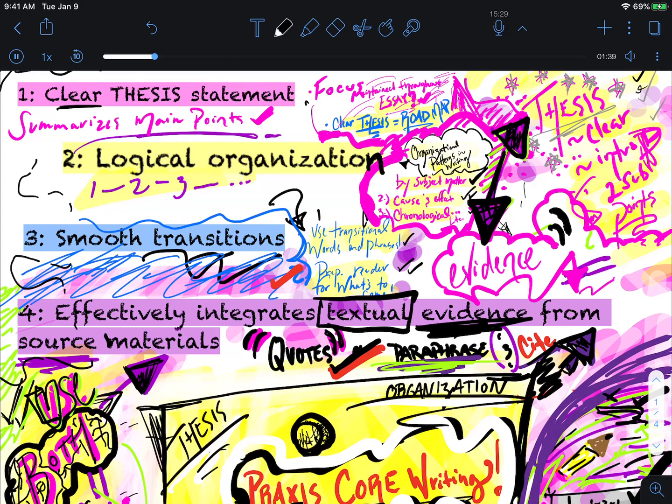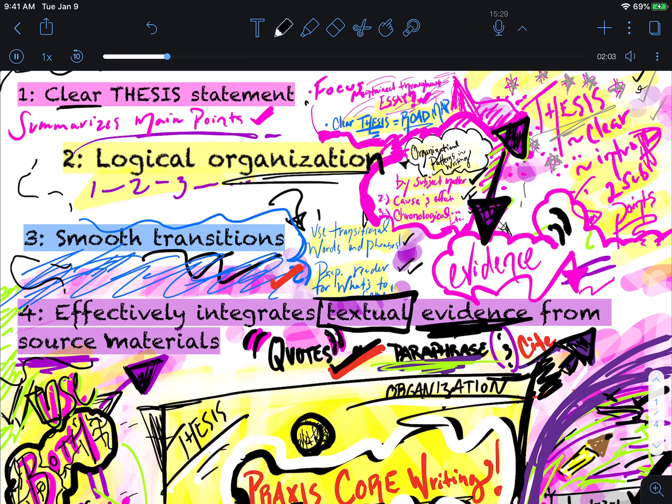The second point, logical organization. This is a couple things when it has to do with your paper, but just remember you need to have a beginning, a middle, and an end. Having multiple paragraphs is what you need to be able to do so you can show how to organize your writing as an educated adult.